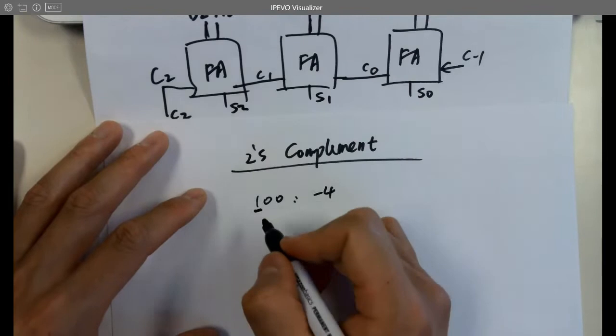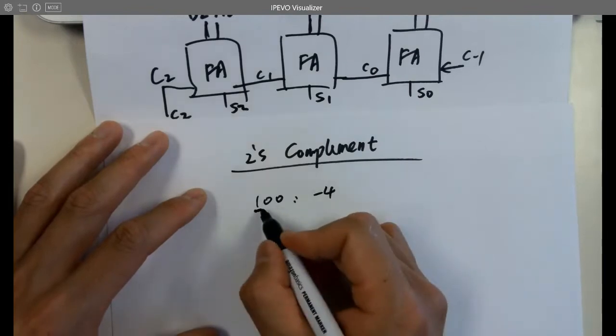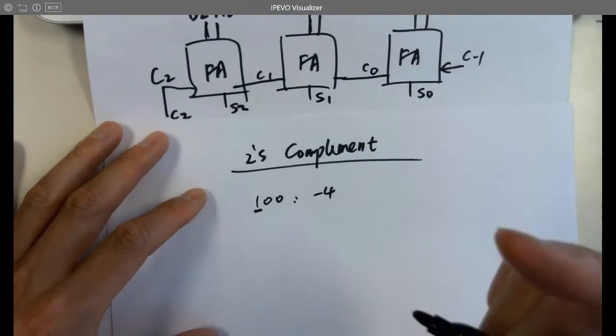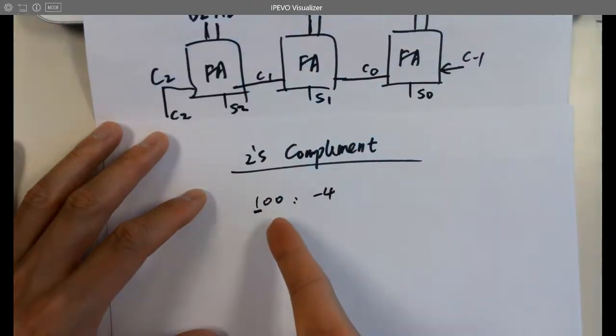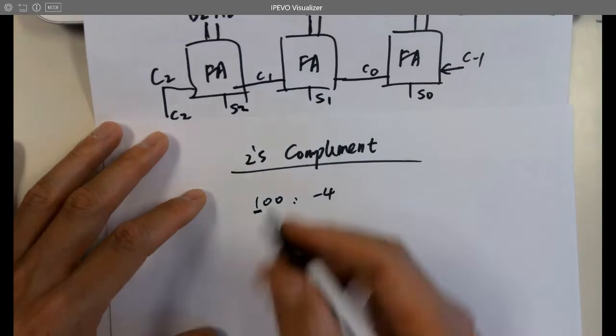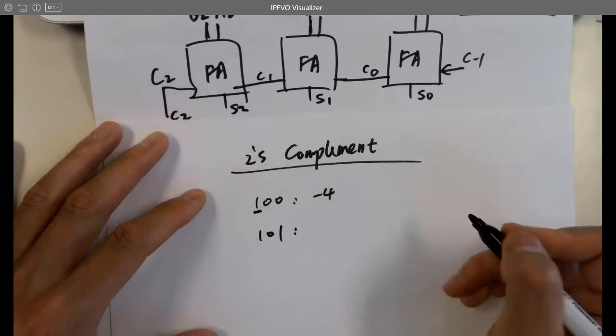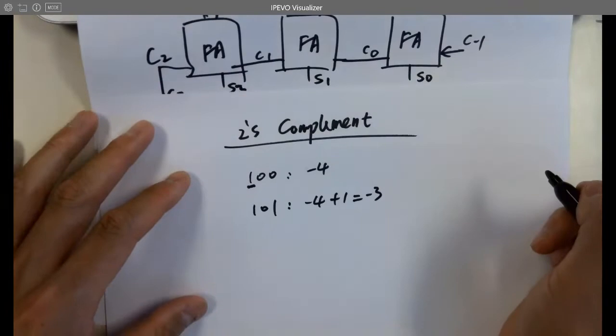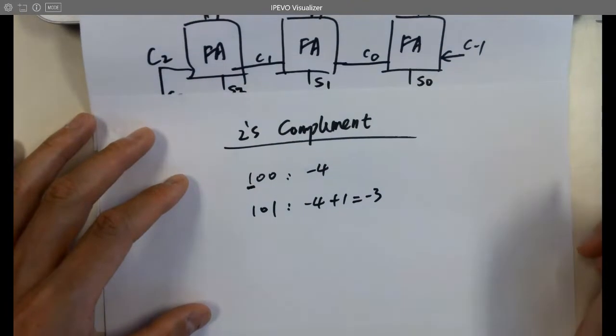The MSB in two's complement binary numbers is the negative of that number. You know what I mean? This is 4, right? But this is actually -4. That's how I calculate it easily. That's a better way to do it.